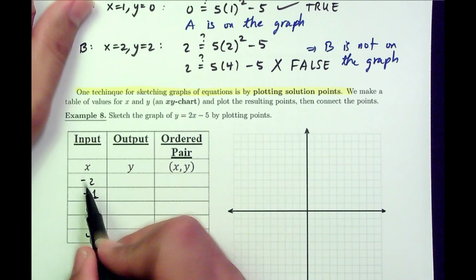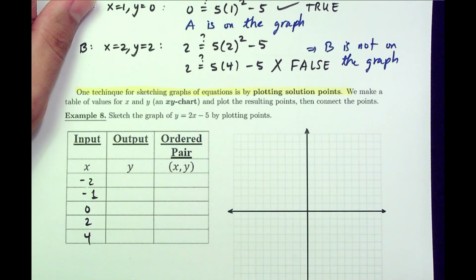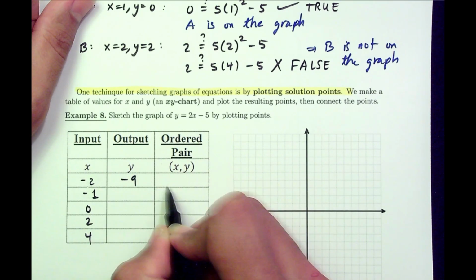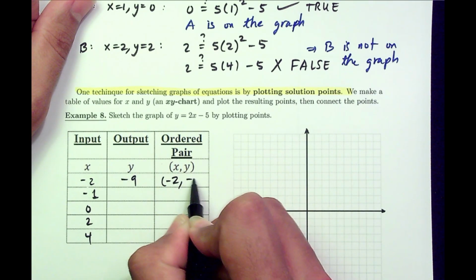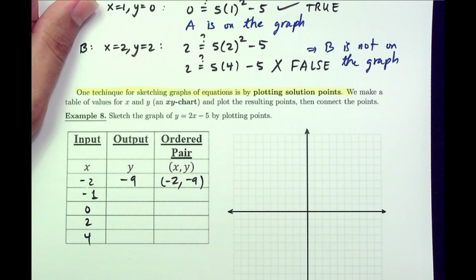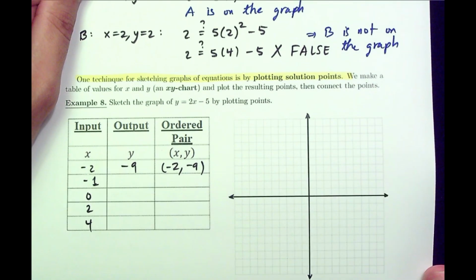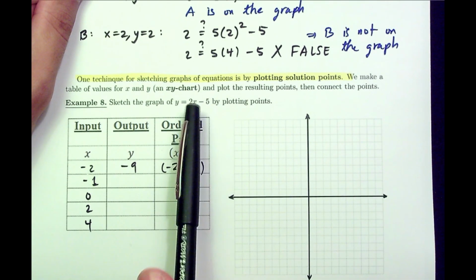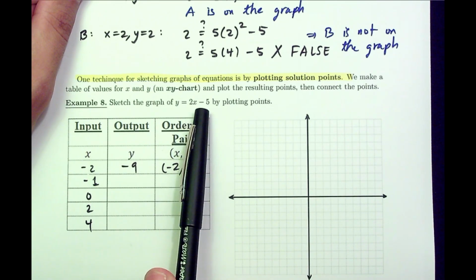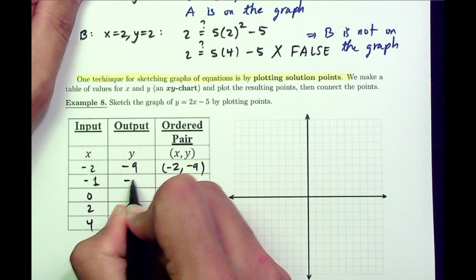Okay, if I plug in -2, 2 times -2 is -4, -4 minus 5 is -9. So you get the point -2, -9, which is going to fit because this graph is 10 by 10. If you plug in -1, you're going to get -2 minus 5, that's -7.